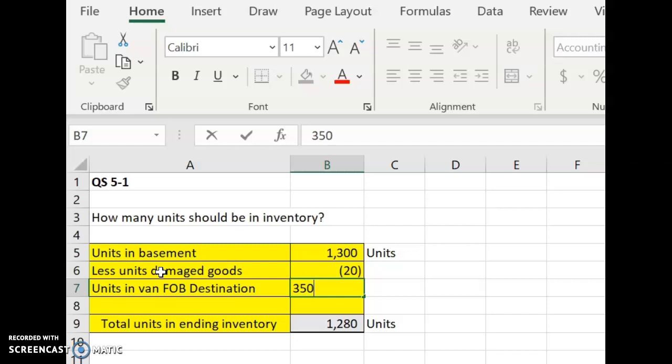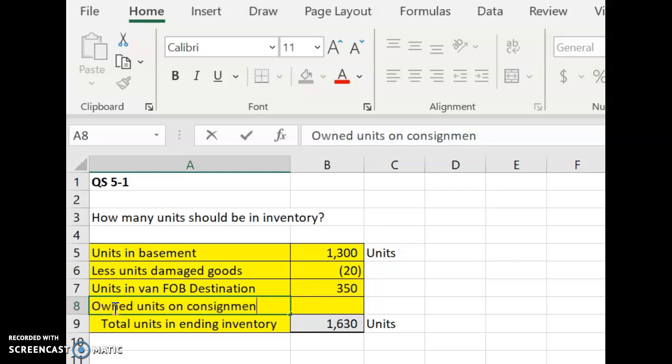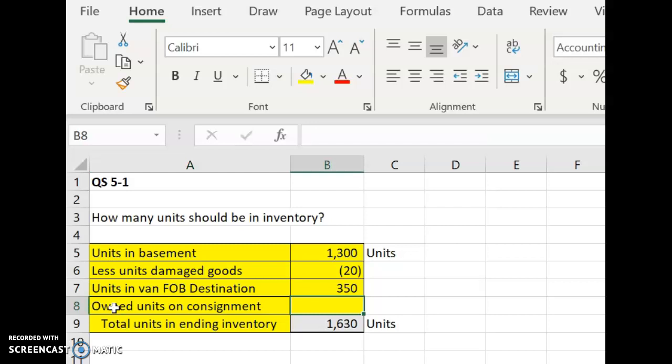That's 350 units. And the units on consignment, she is the consignor. She has them on consignment with a friend, so those are hers. And that is 80 units. So in total, we have 1,710 units that she should include in her inventory.